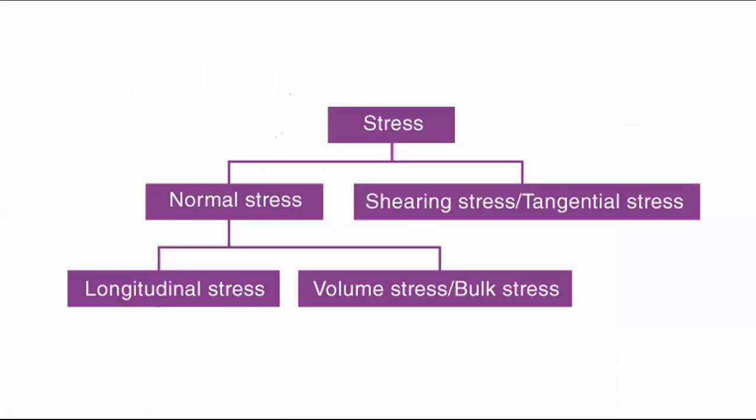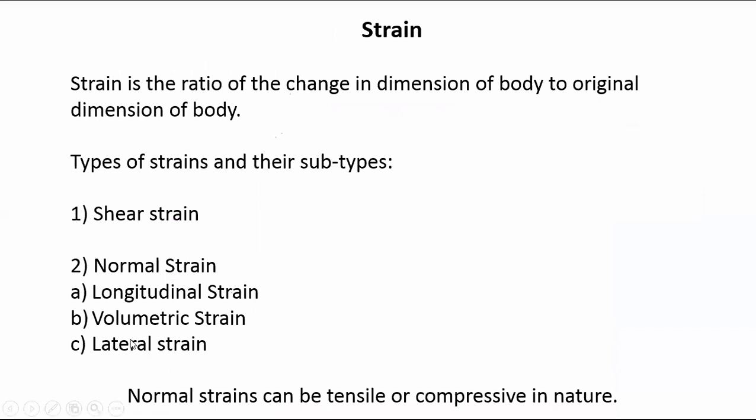Don't confuse between stress and strain, both will be generated. We are talking here about transverse, also called lateral strain. And volumetric change will create a volumetric strain. As soon as there is a change in volume, that change in volume divided by the original volume gives the volumetric strain.